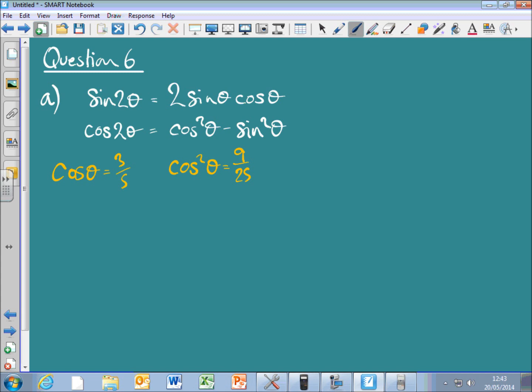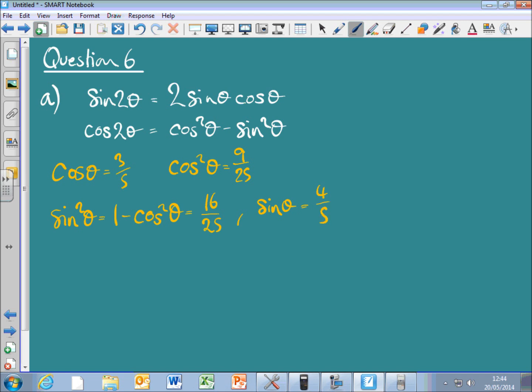And sine squared theta is equal to 1 minus cos squared theta, which is going to be 1 minus 9/25, which is going to be 25 minus 9 over 25, which gives me 16/25. And so sine theta is the square root of that, which is 4/5.